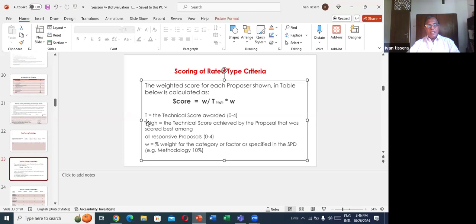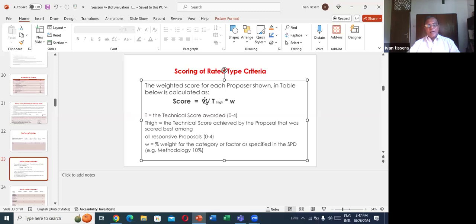T high is the technical score achieved by the proposal that scored the best amount. T high, this is T high; the subscript must be small letters. Ti, because I did this with a lot of difficulty, as I don't know how to use this one. And into the weightage. Weightage is 10% here.